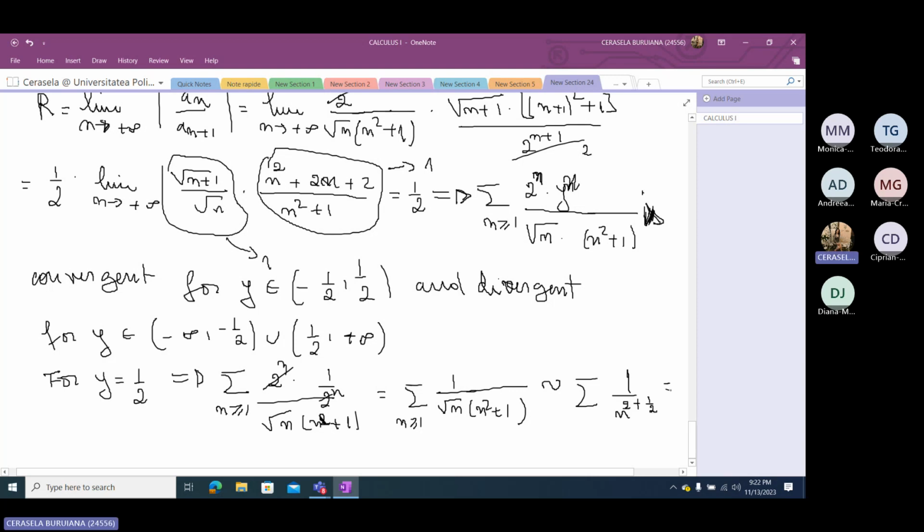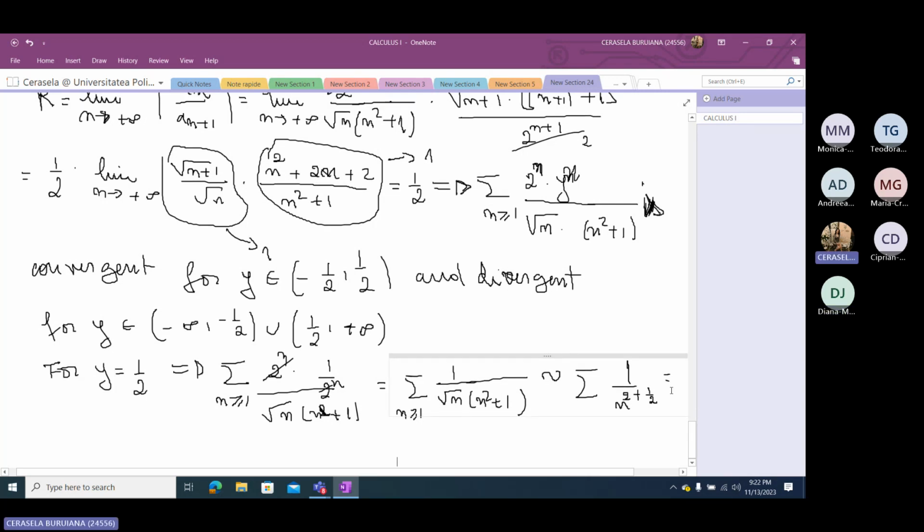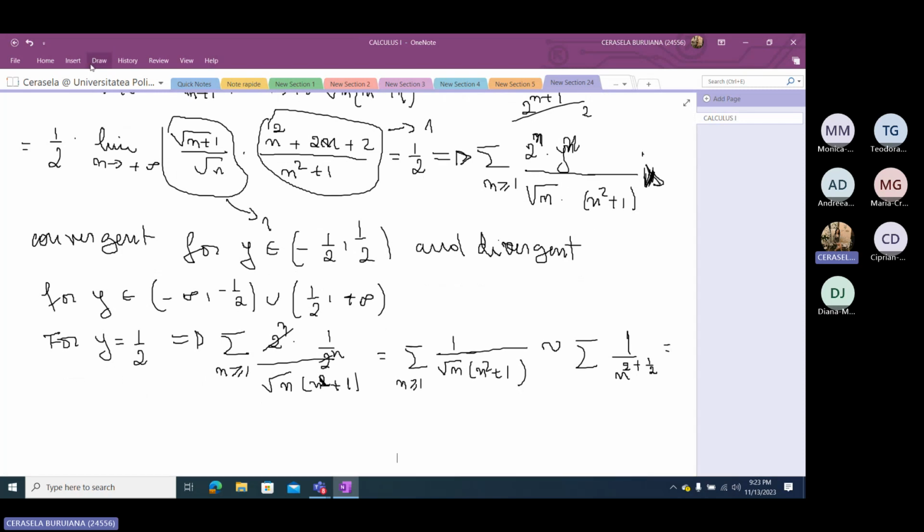Is it clear? Yes. But this series is actually the Riemann series. If you look, it's the Riemann series of general term 1 over n power 5 over 2, with alpha 5 over 2.